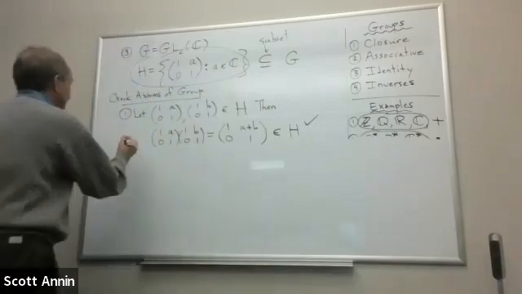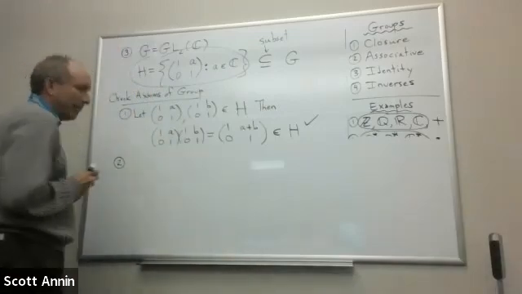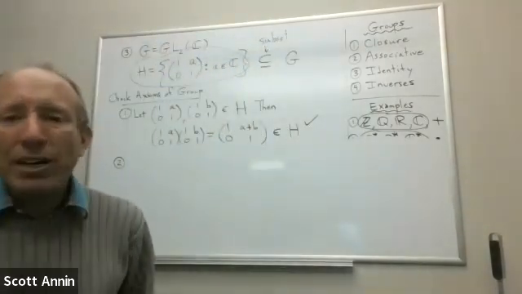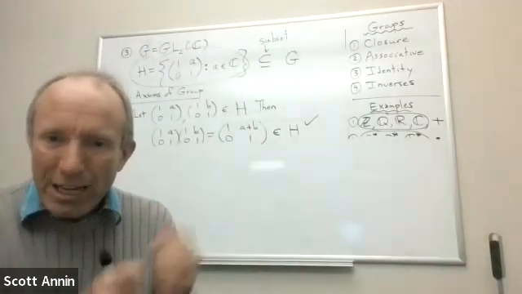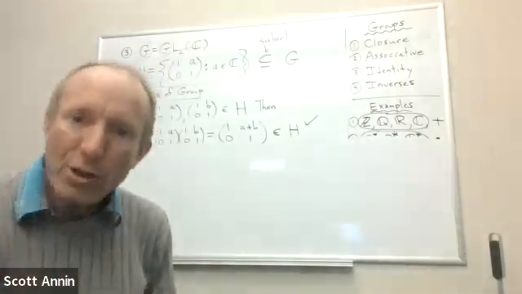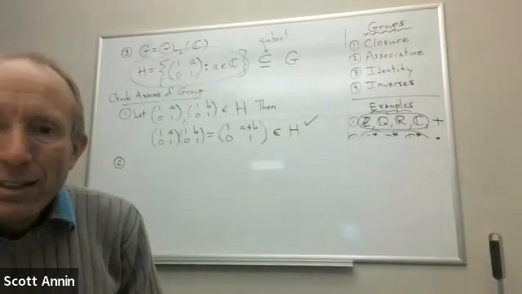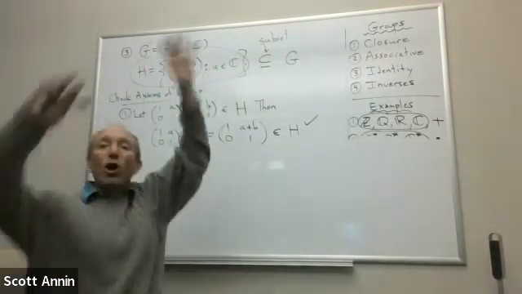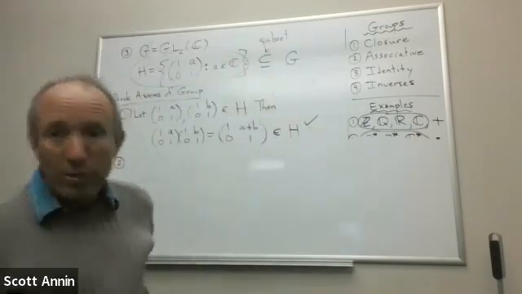Now, here's the thing, guys, with the associative property. We're just verifying that matrix multiplication in this specific subset H is associative. But we already knew that the whole big group of all invertible matrices was a group.